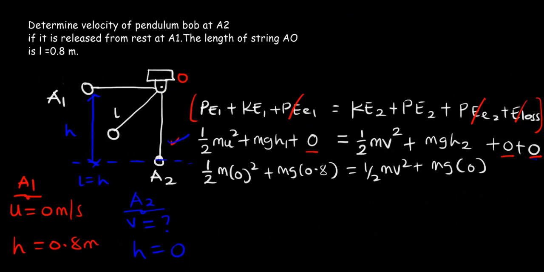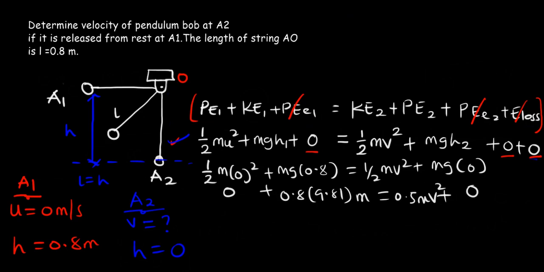So this is what we have now. All you have to do is to simplify this. On this side, you're going to have 0 plus 0.8 multiplied by the acceleration due to gravity, which is 9.81, and then the mass will come. This will be equal to 0.5 m v squared. I wrote the half as 0.5.